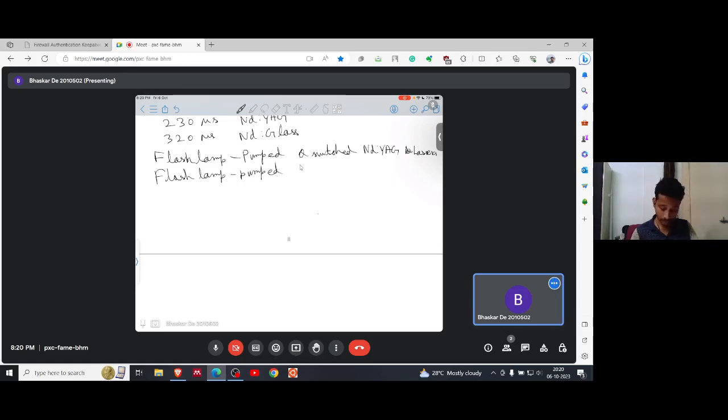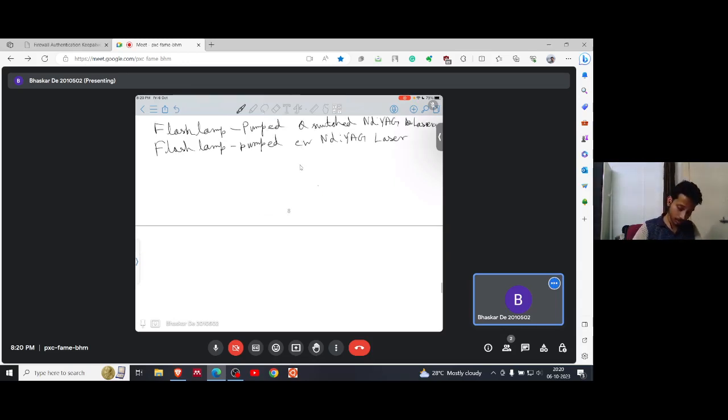Flash lamp pumped CW Nd:YAG laser. Diode pumped Nd:YAG laser, and then Nd glass amplifier.